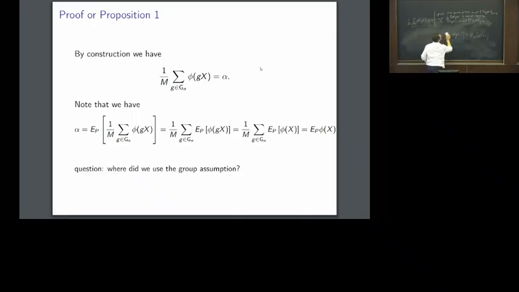Okay, but that's not exactly what's happening, right? Because if phi x is looking at the randomization distribution of TGX, what's the randomization distribution that I build when I evaluate phi gx?